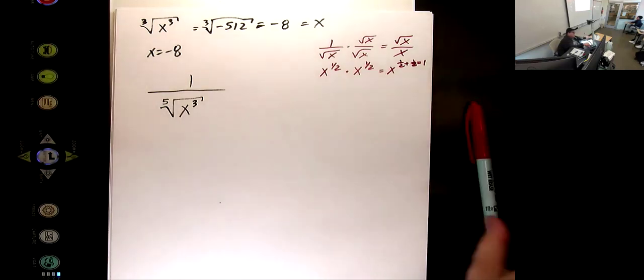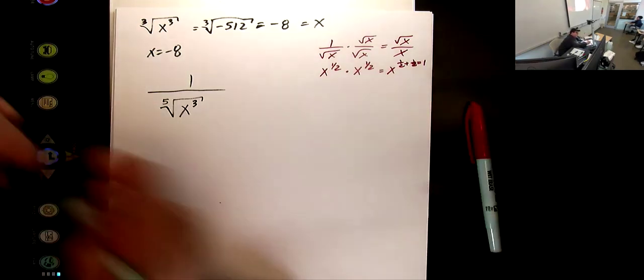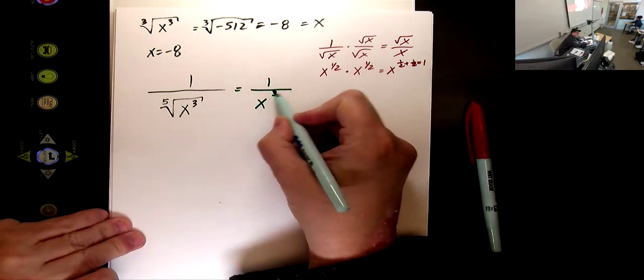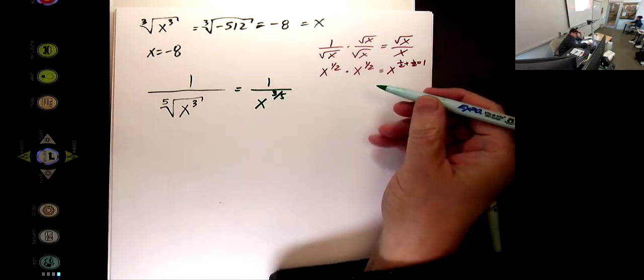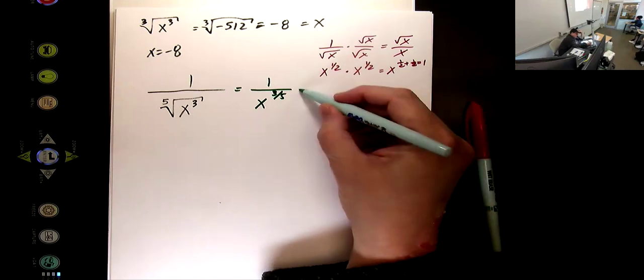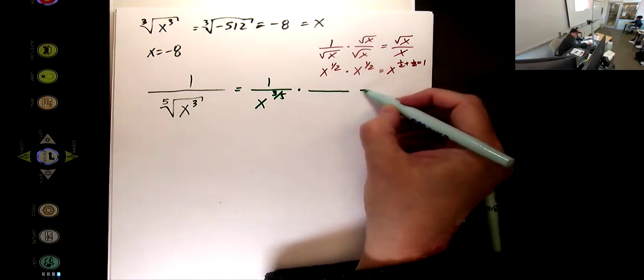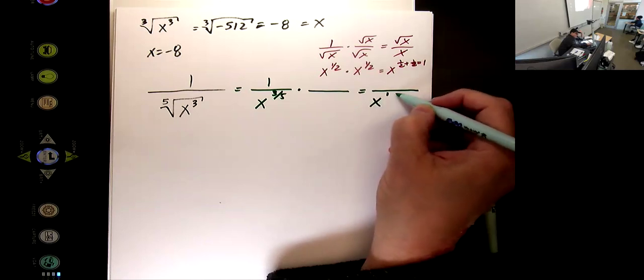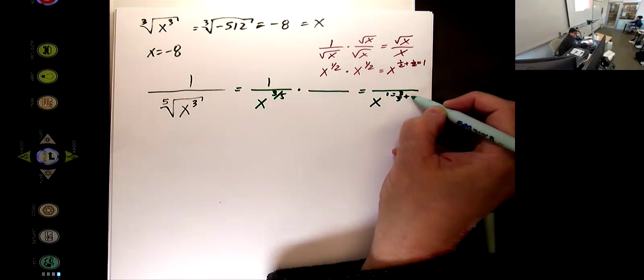So what we're going to do on this one, I'm going to write that as 1 over x to the 3/5. And if I want to end up with x to the 1st on bottom, it's going to be 3/5 plus something else.